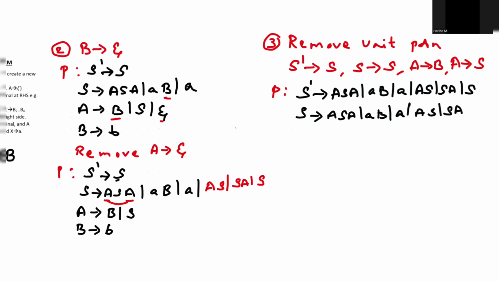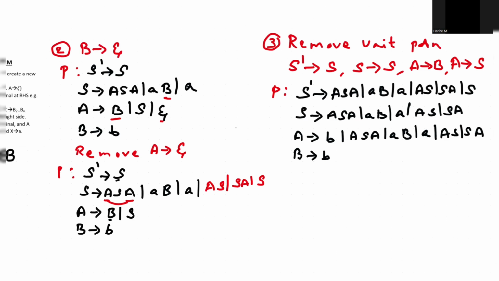A tends to, now this B should be replaced as small b and this S should be replaced by all the production values of S: ASA, AB, AS, SA, and B tends to small b. Okay, we have removed S dash to S, S tends to S, A tends to B, A tends to S.